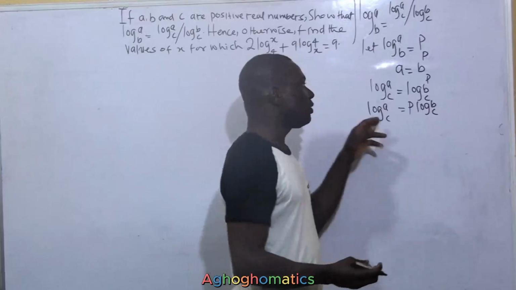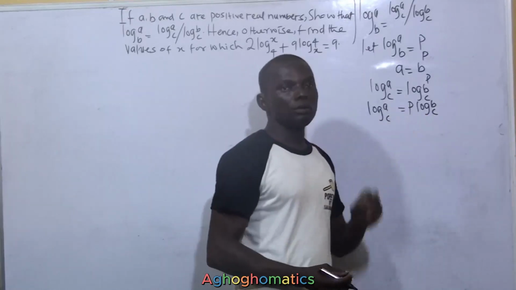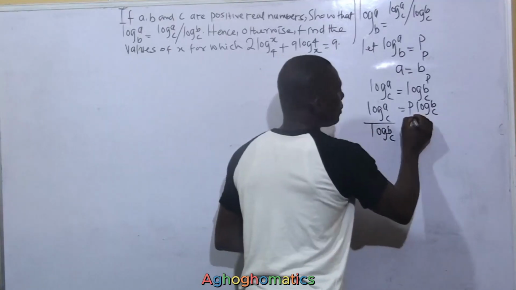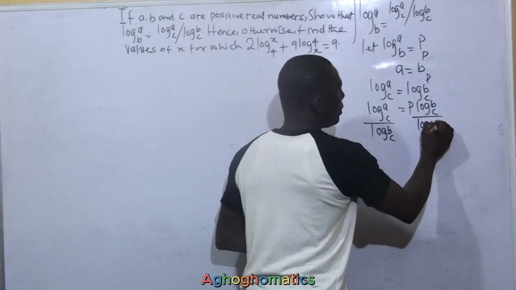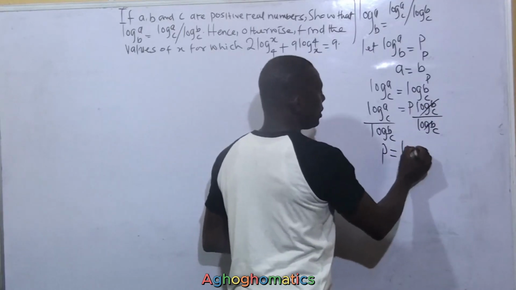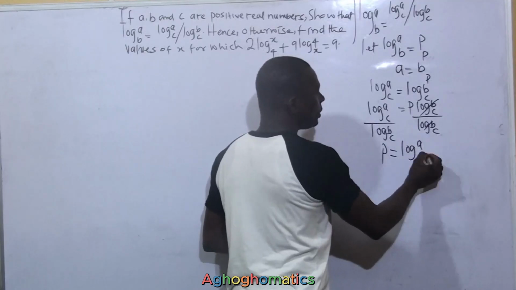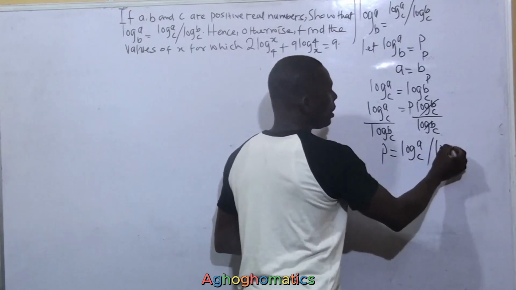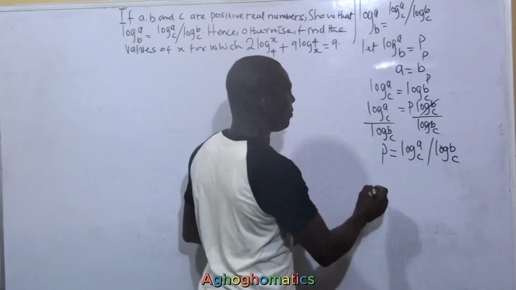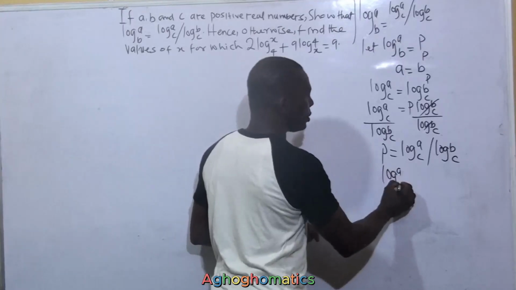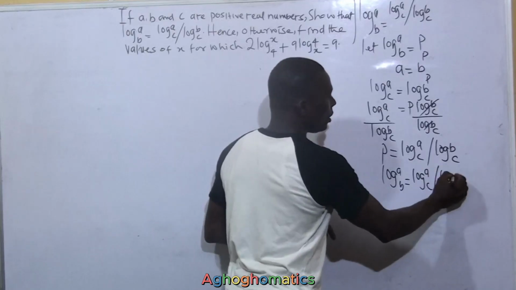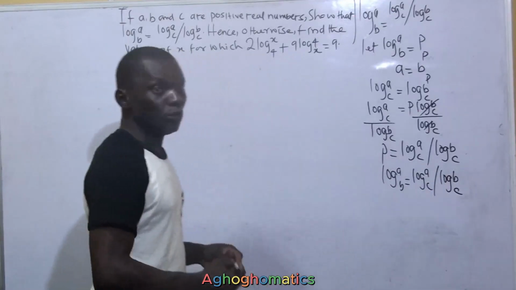This can easily be done by dividing both sides by log B to base C. If that happens, we see that P is log A to base C divided by log B to base C. Already we have said that P is equal to log A to base B, so it means that log A to base B is the same thing as log A to base C divided by log B to base C. So we have been able to prove that.